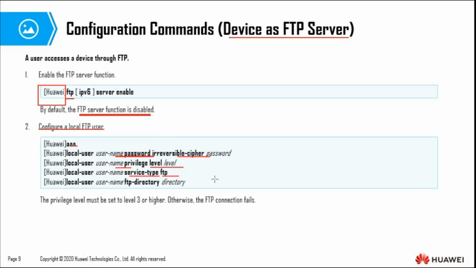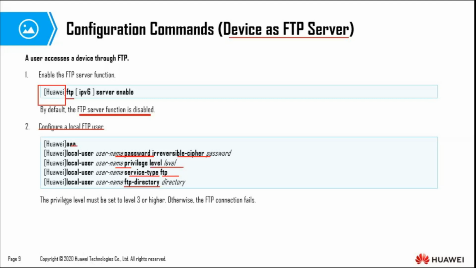The other important thing with FTP is that you must give them a default directory, FTP directory, so that when they FTP to that machine, which directory are they going to land in by default? So you must set this using the command local-user username ftp-directory. Then you, for example, say flash.